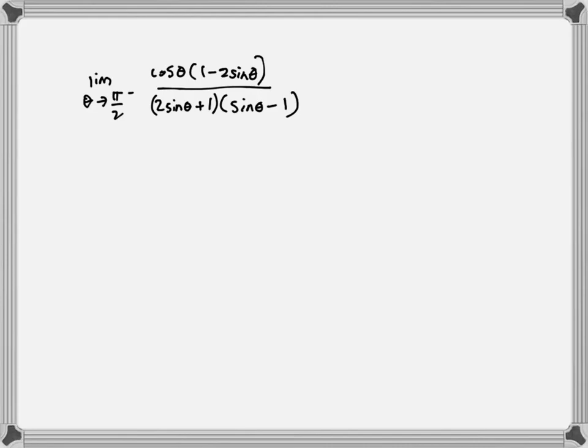Now, yes, this is equal to 0 over 0, so we can use L'Hopital's rule on this, right? However, it's worth paying attention to which terms are giving us 0 because we can actually simplify our calculations here. So you notice that these are the two terms that are giving us the 0 over 0, which means the others are not, and we can actually do that limit separately, right?